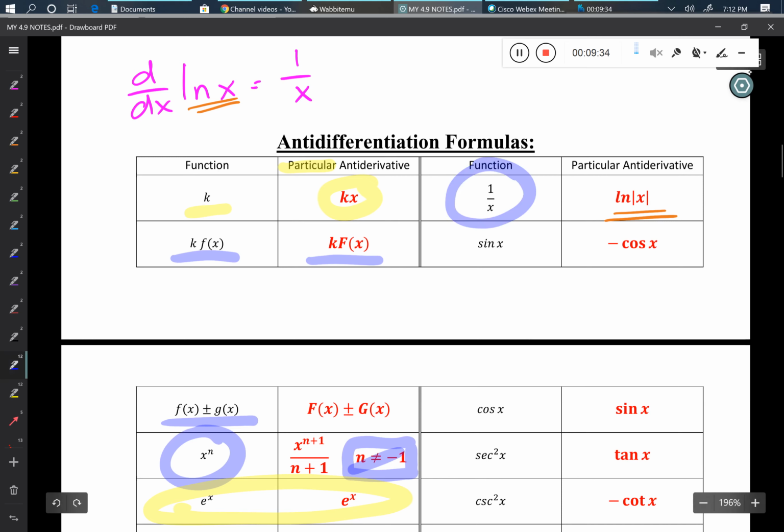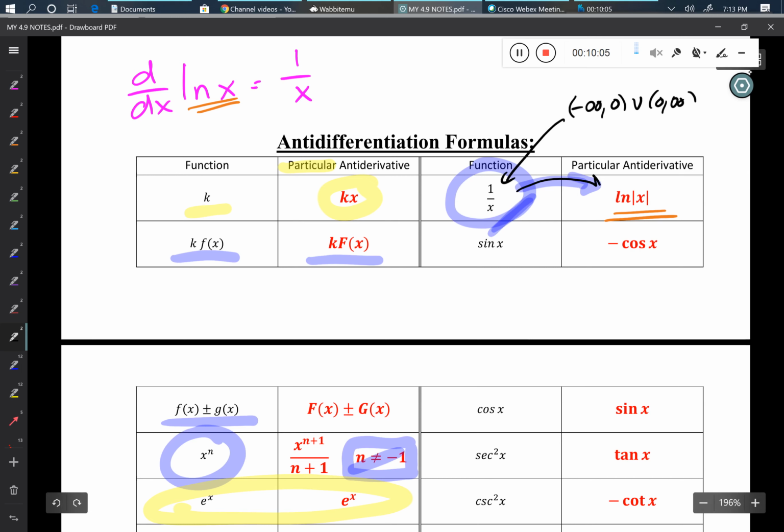So when I circle this right here and I say that this is the original function that we're starting with to find an antiderivative, there is nothing about 1 over x that says that x cannot be a negative number. So the domain of this expression right here, 1 over x, would be negative infinity to 0 union with 0 to infinity. I mean, it obviously can't be 0 because we're not allowed to divide by 0, but there's nothing about that that says x can't be negative.